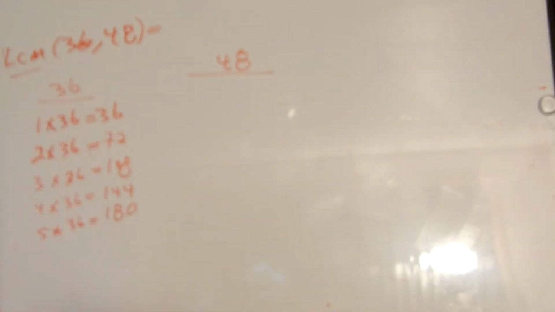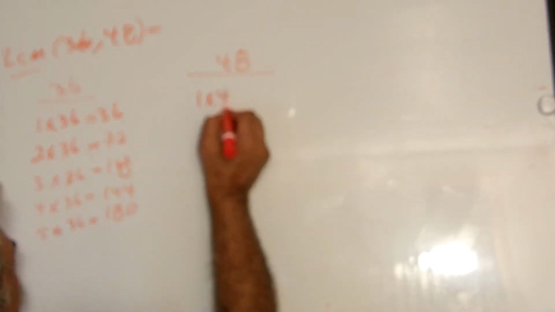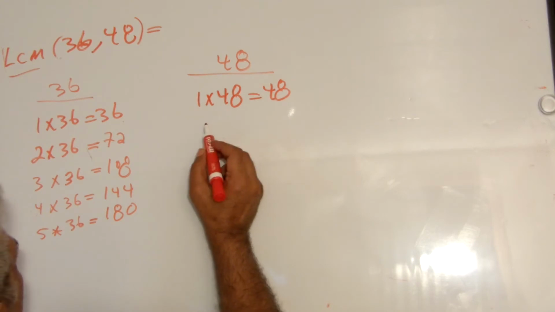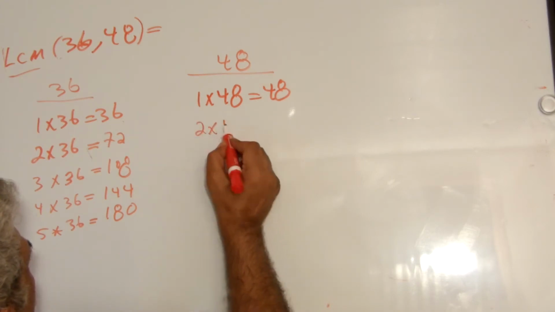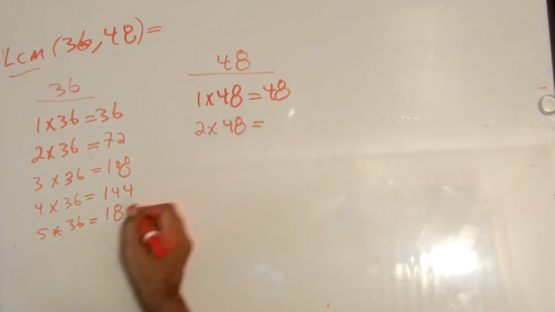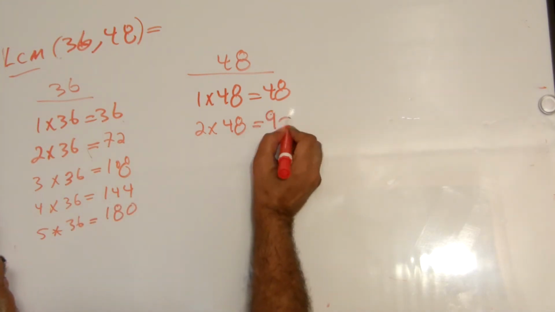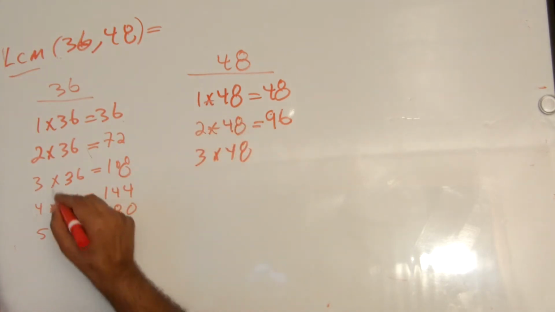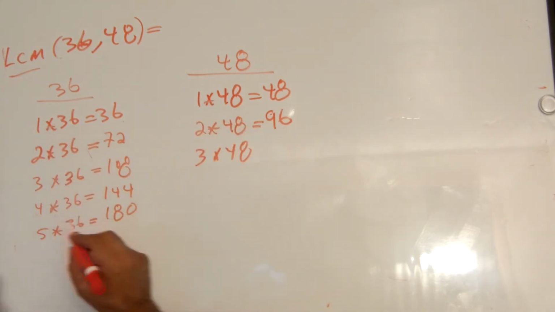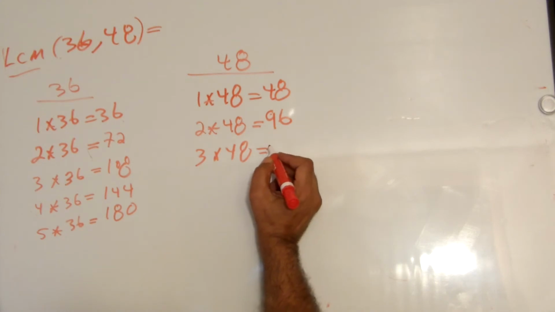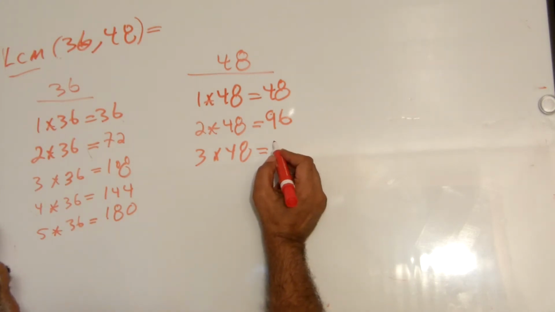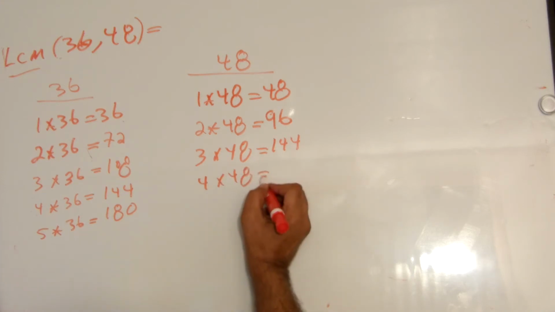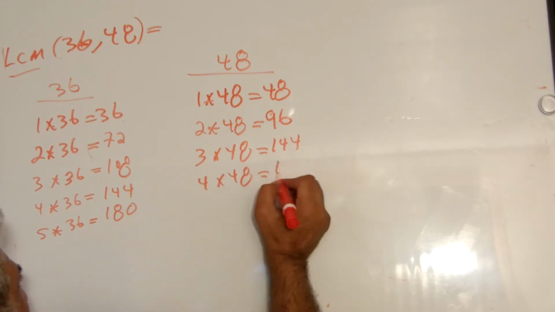common multiple. So 1 times 48 is equal to 48. 2 times 48 is going to be 96. 3 times 48 is going to be 144. 4 times 48 is going to be 192.